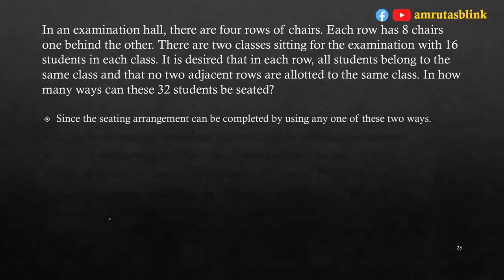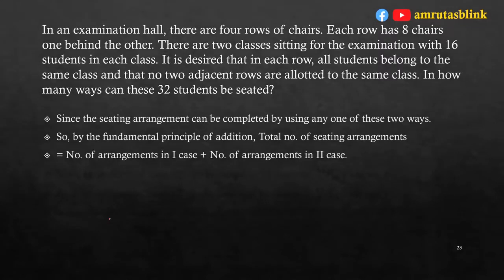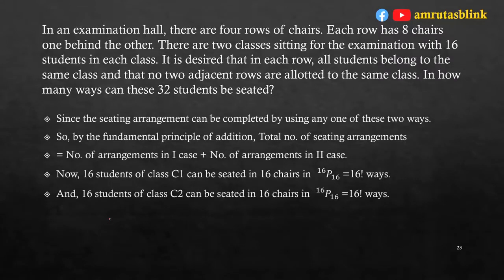Now in this case, since the seating arrangements can be completed by using any one of the 2 ways, by fundamental principle of addition, total number of seating arrangements will be number of arrangements in the first case plus number of arrangements in the second case. Now, 16 students of class 1 can be seated in 16 chairs, that is 16p16, in 16 factorial ways.